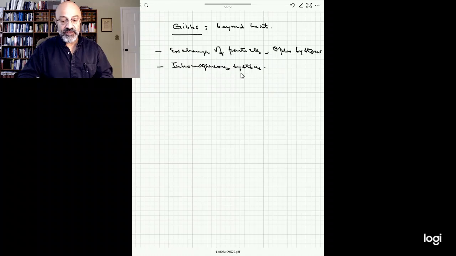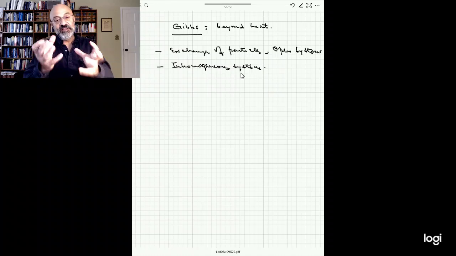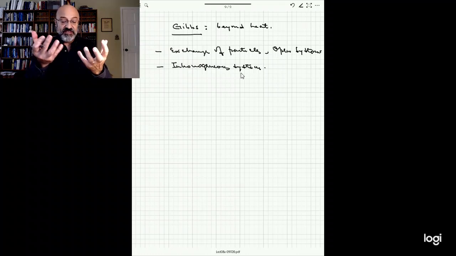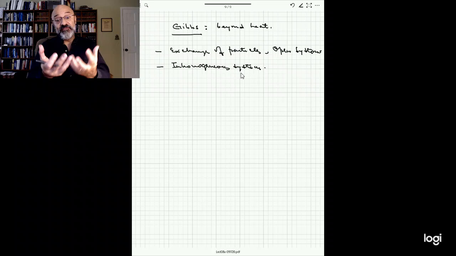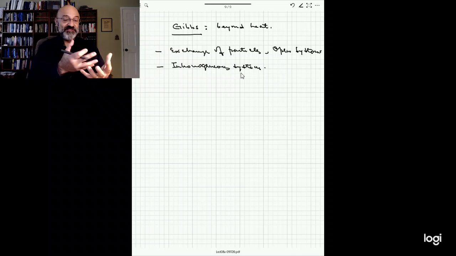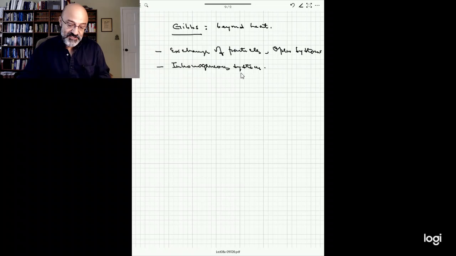For example, if you have a gas and a liquid in equilibrium with each other, clearly the system is inhomogeneous, high density, low density, and you would like to study the equilibrium between phases, and so clearly particles will flow from the liquid to the vapor or vice versa until equilibrium is achieved.